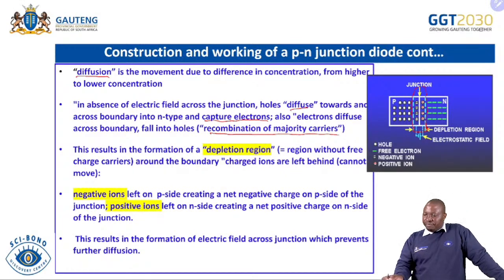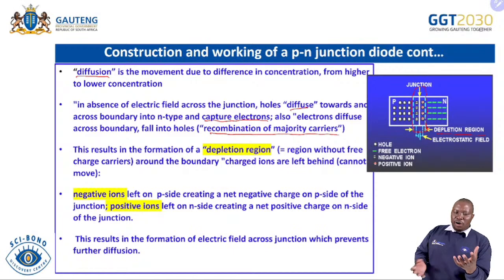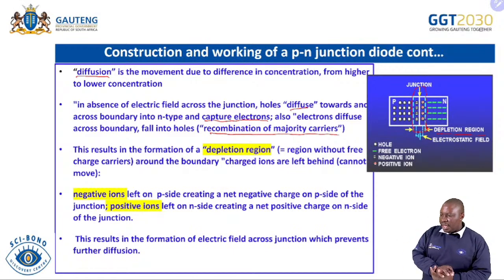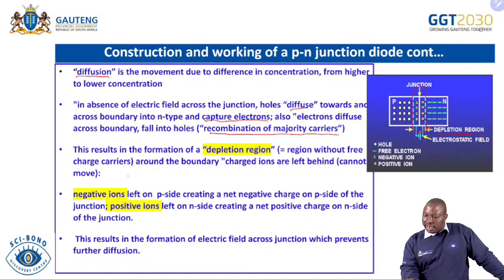We refer to the region where they meet as the depletion region. At the depletion region, the holes are being filled with the electrons. It is a region without free charge carriers around the boundary.